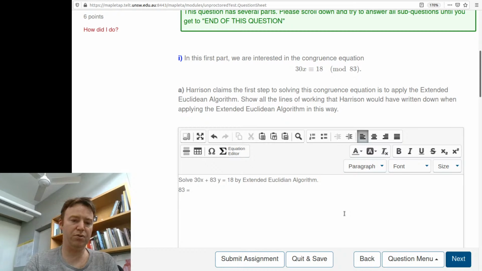Well, that's going to be 2 times 30 plus 23. Then everything goes down and to the left. 30 is equal to 1 times 23 plus 7. 23 is equal to 3 times 7 plus 2. 7 is equal to 3 times 2 plus 1.